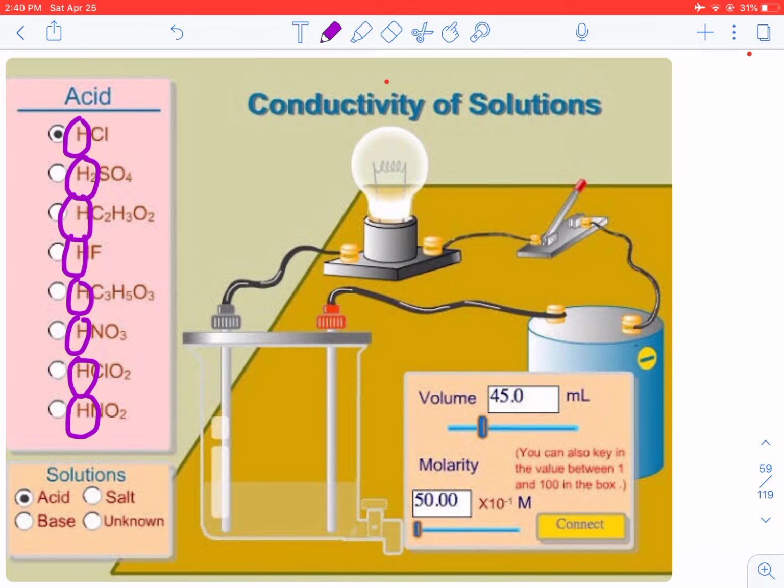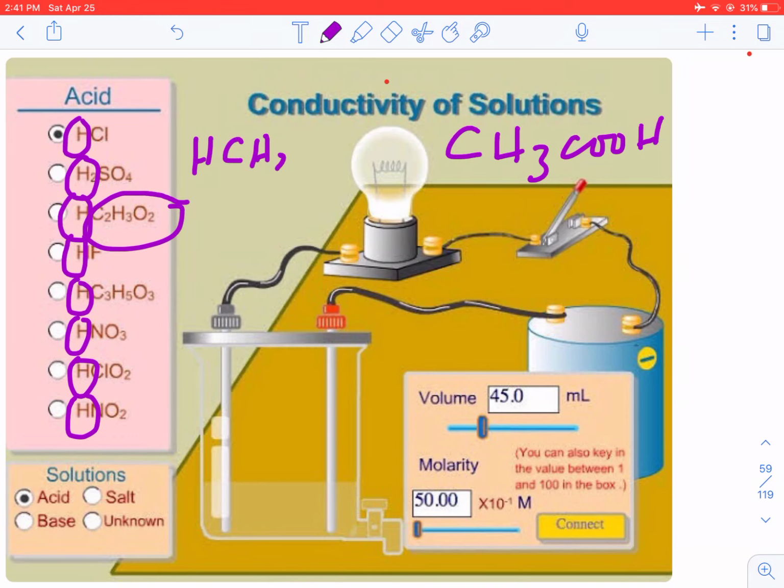You will notice that one there is actually acetic acid, CH3COOH. So it's not entirely obvious that this is an acid. It is an organic acid. So what we do is we put the H in front and write HCH3COO, and that gives you an indication just from the formula that you can recognize that it is an acid.